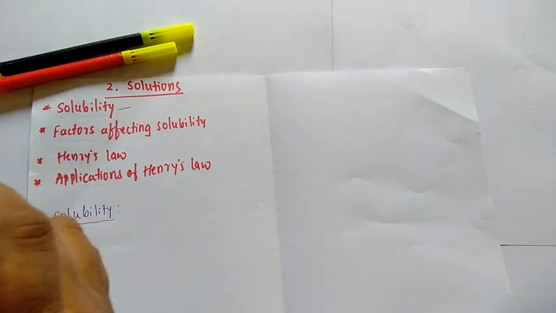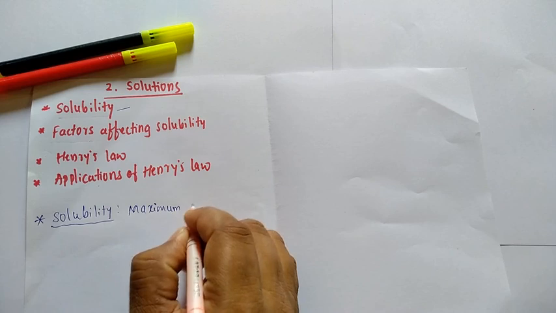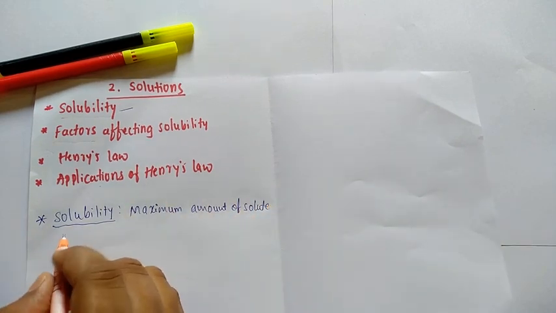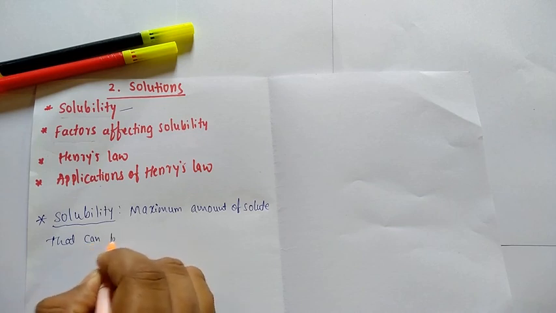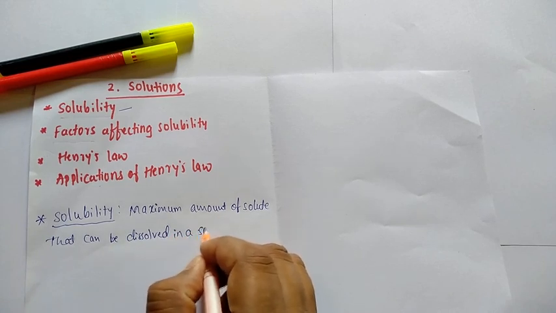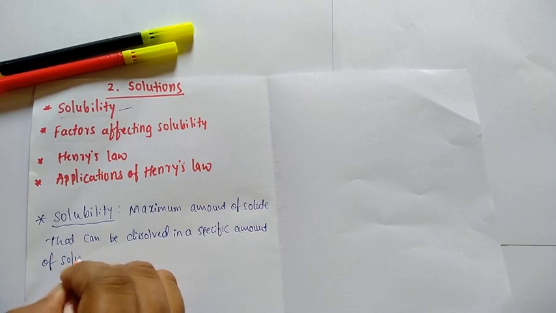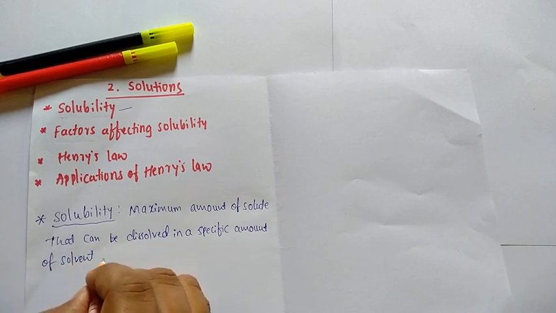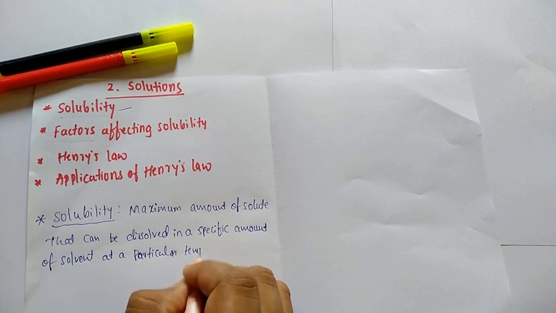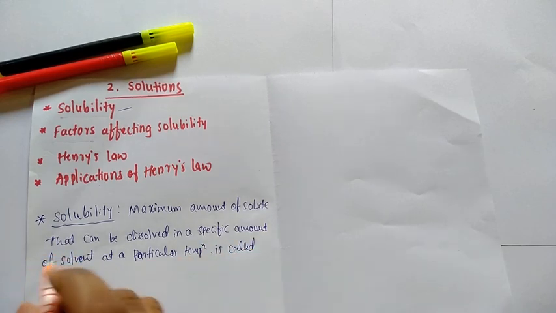So we can say the maximum amount of solute that can be dissolved in a specific amount of solvent at a particular temperature is called the solubility of that substance.